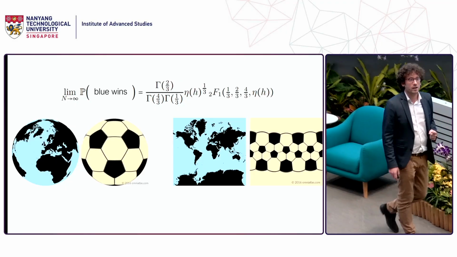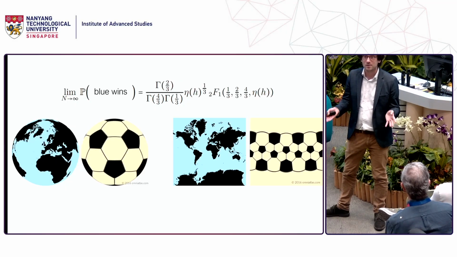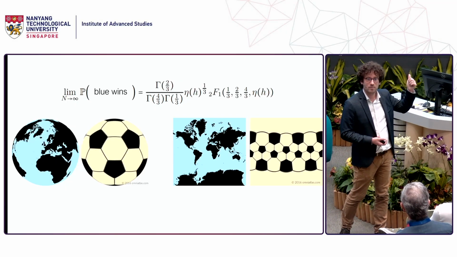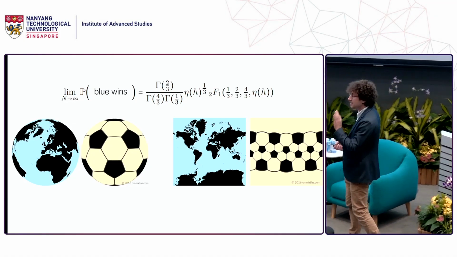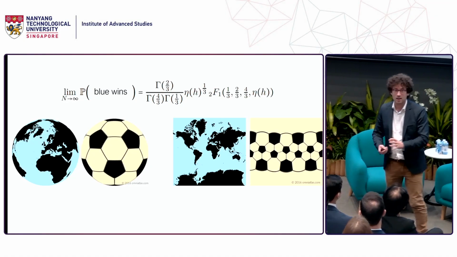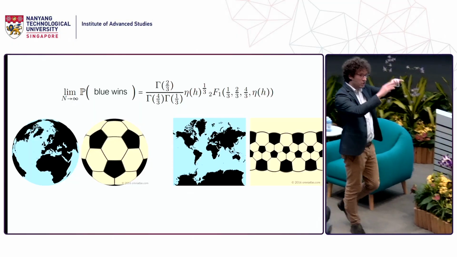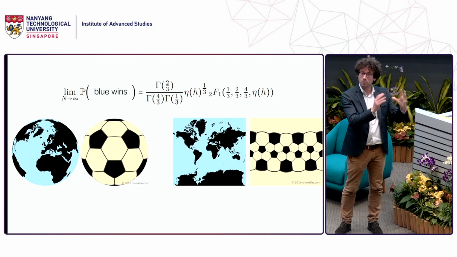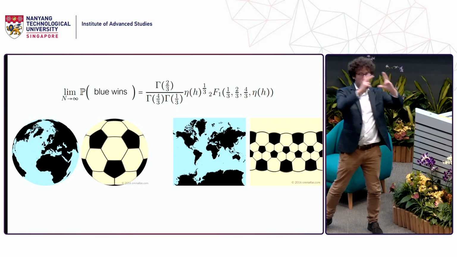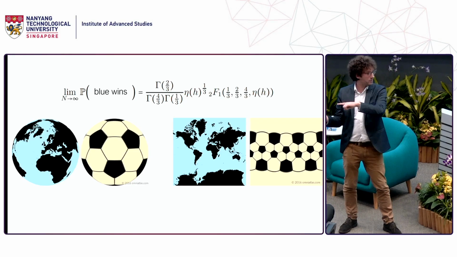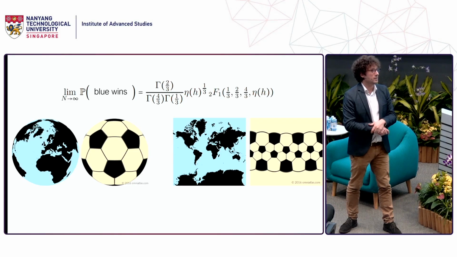So now what's the connection between this story about conformal maps and this horrible formula? Well, the connection is that this horrible formula is exactly saying the following. It's saying if I take two shapes, two boards, okay? If I can transform one board into the other one by a conformal map, then the probabilities are the same. The winning probabilities are the same.